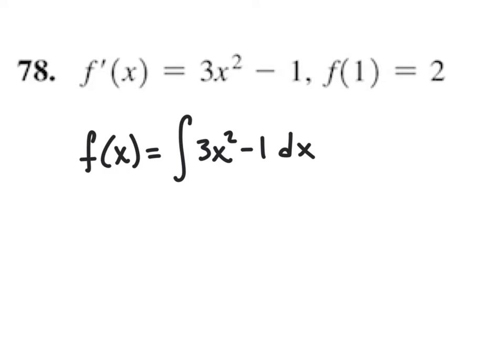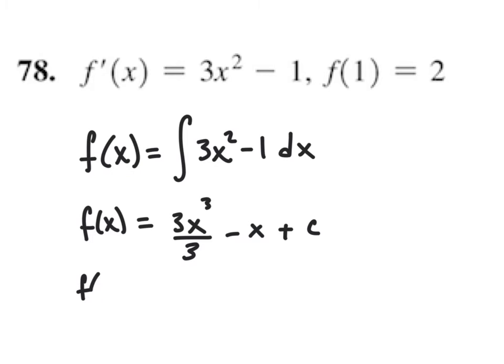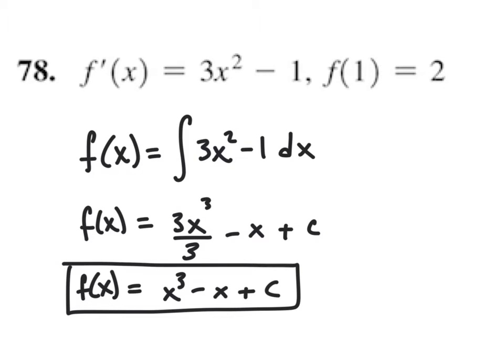So let's take our antiderivative. f of x is equal to 3x, increase our exponent by 1, which is going to give me 3, and divide by our new exponent, which is 3, minus x plus c. Let's simplify this. So f of x is equal to x cubed minus x plus c. And that's our function.